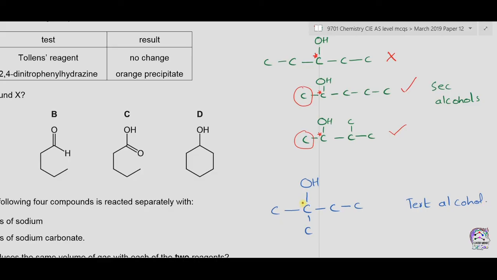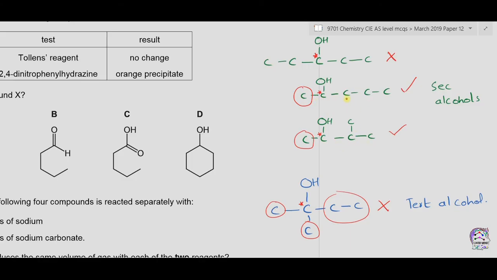In this structure we can see that the OH is bonded to this carbon which is directly attached to 2 methyl groups and 1 ethyl group. As we need just 1 methyl group directly attached to this carbon, this won't give a positive iodoform test. So we only have 2 possible structures that give a positive iodoform test.